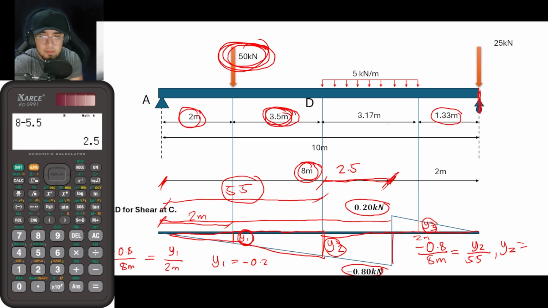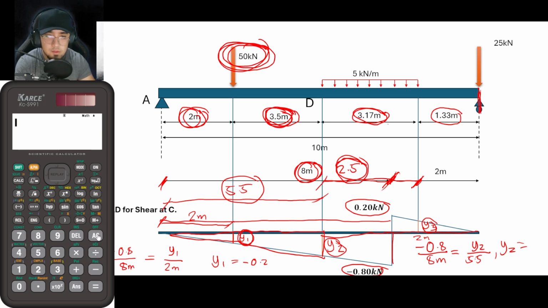So 8 meters minus 3.5 minus 2 meters would give you an answer of 2.5 meters. And as for this distance here, if this is 3.17 and this is 2.5, then 3.17 minus 2.5 is 0.67.